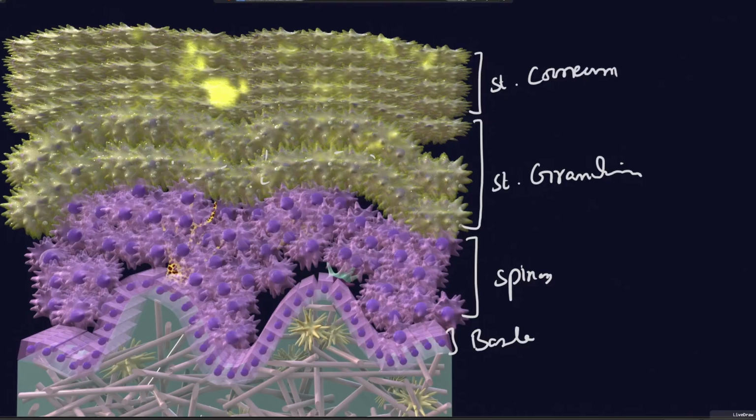Let's suppose it's a thin skin, so we do not have stratum lucidum. If it was thick skin, somewhere here there would have been another layer, the stratum lucidum. So these are all the layers of the skin. And inner to it is the dermis. You can see the dermal papilla, and these are epidermal ridges here. So that's how the skin develops.